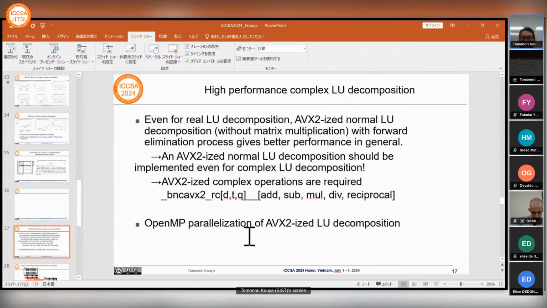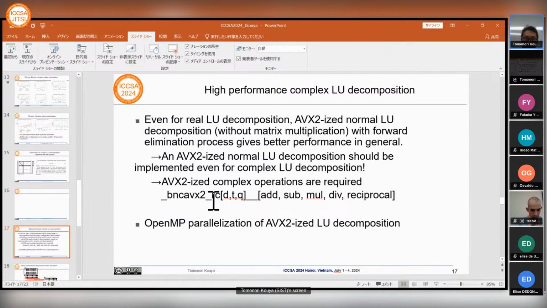Now, we have experience implementing and getting better performance by using simulated normal LU decomposition. Normal means no use of matrix multiplication.